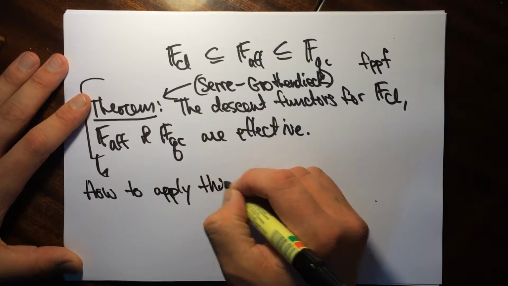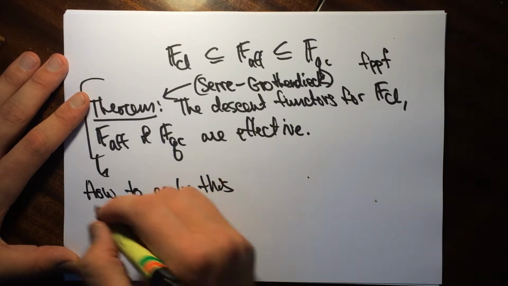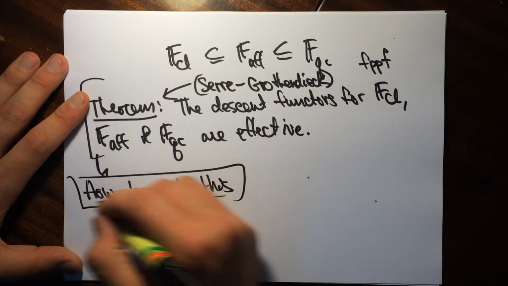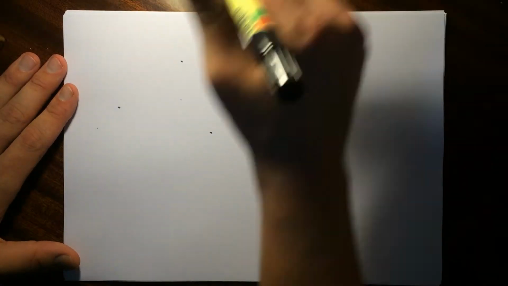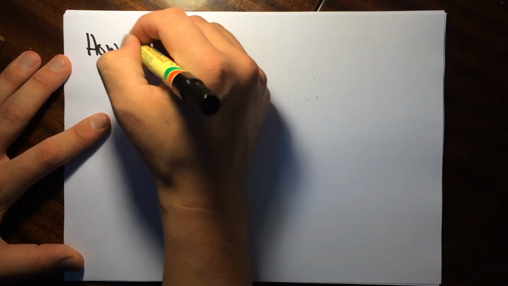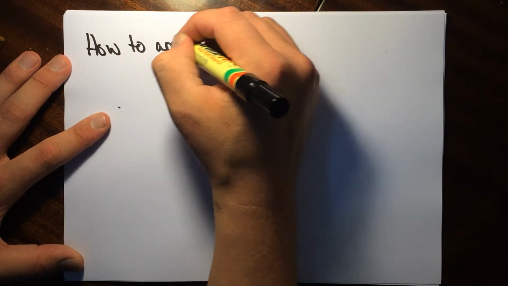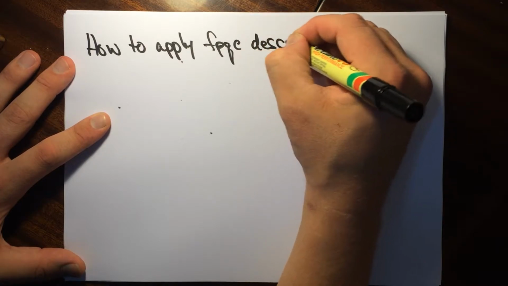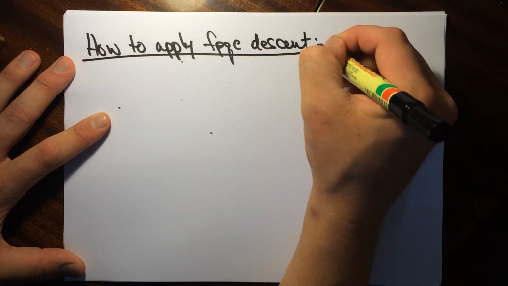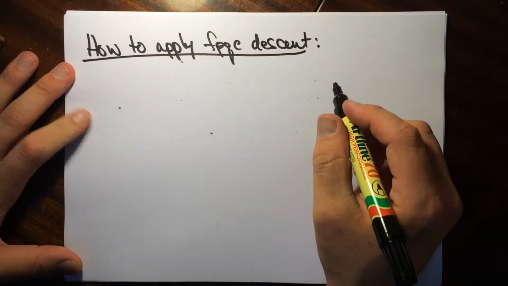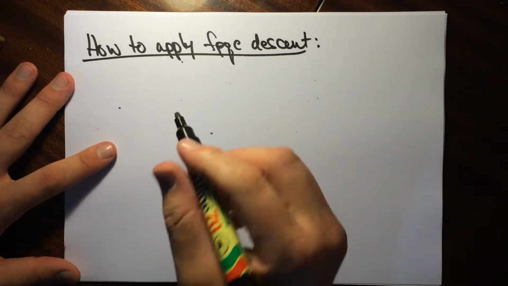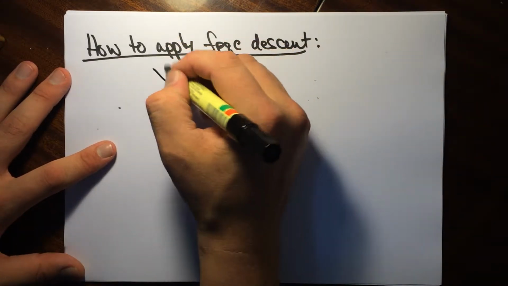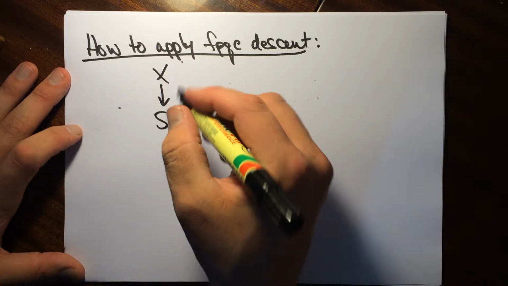Let me say again how we're going to apply this. Let me go to a new page. How to apply descent. So the idea will be, how will we cook up maps? So sometimes we'll have a map here.